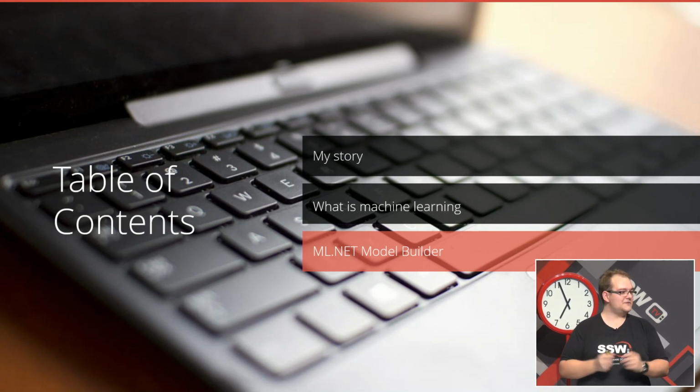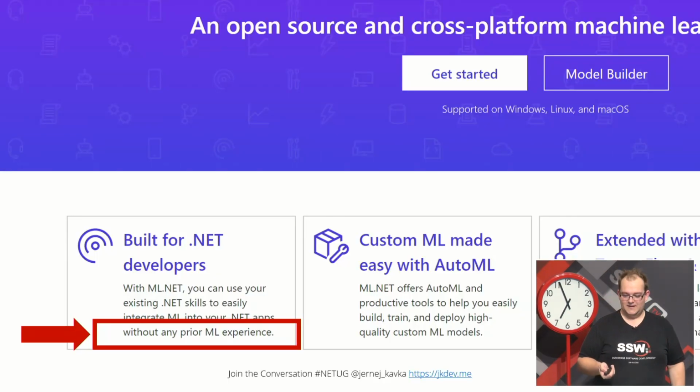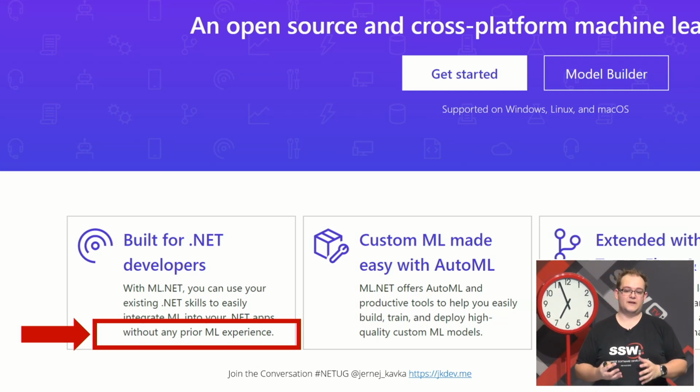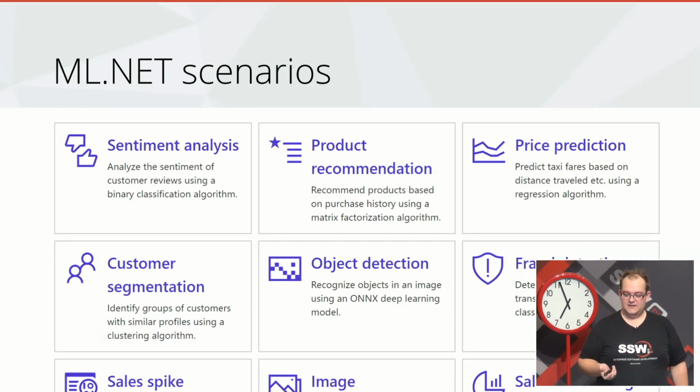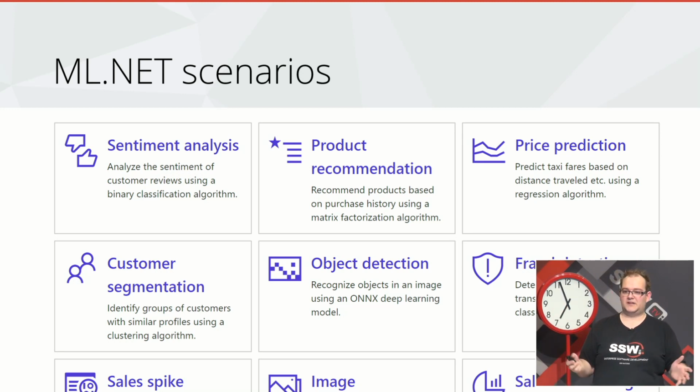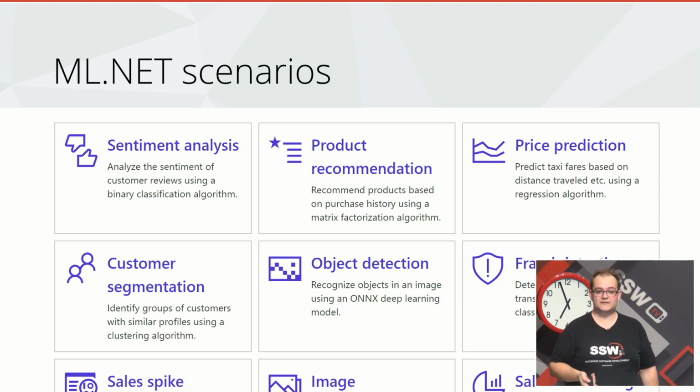Okay, so now let's go to ML.NET, now that we have a little bit of basis on machine learning. You remember how ML.NET claimed that you don't have to have much machine learning experience. So let's put that to the test. When you go to the web page and try to get started, the thing you're greeted with is scenarios.